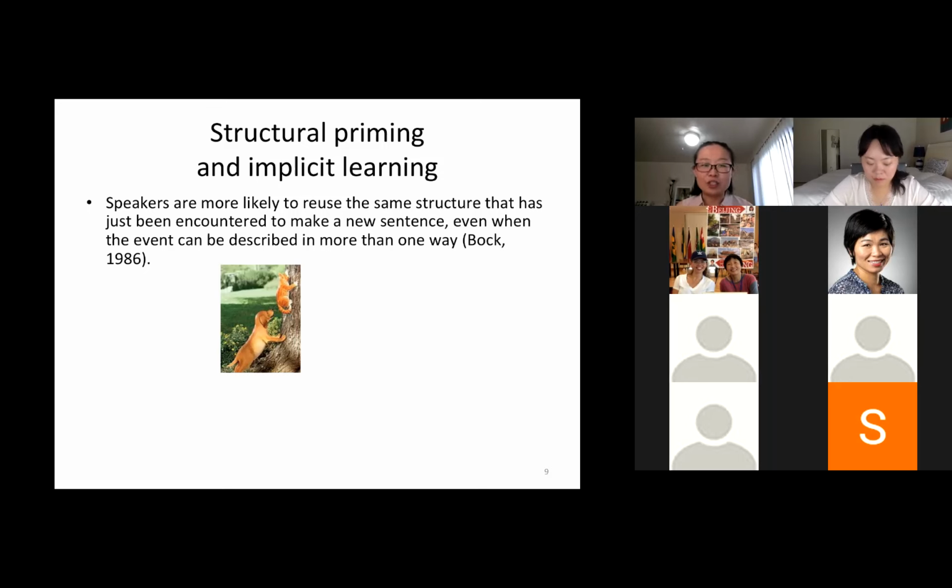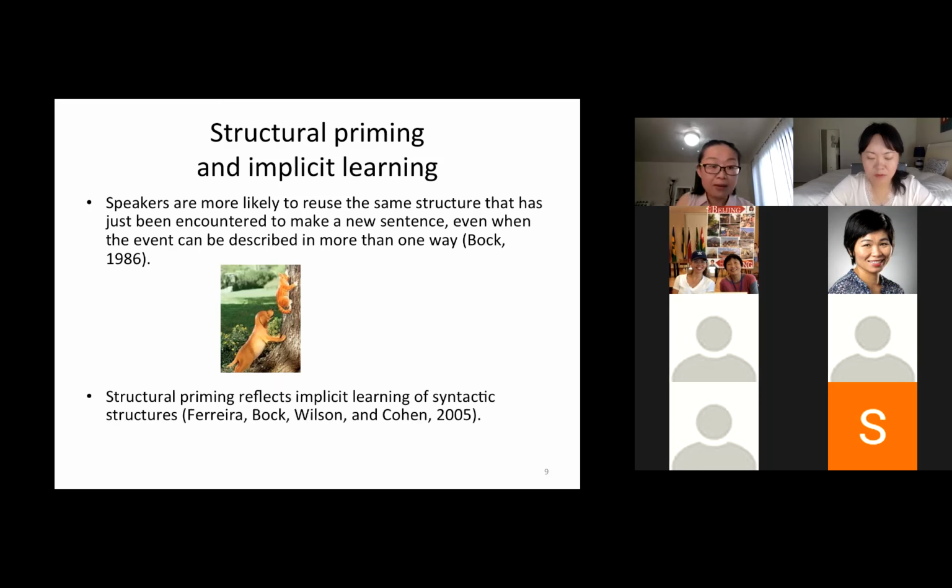So this is structural priming. Studies support that structural priming reflects implicit learning of syntactic structures. We will hold this for a few minutes. When I introduce the procedure of this study, I will show you why structural priming reflects implicit learning.